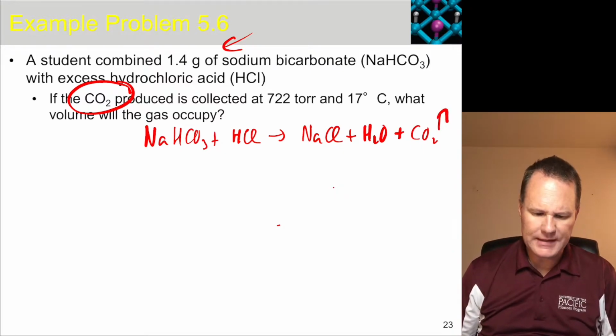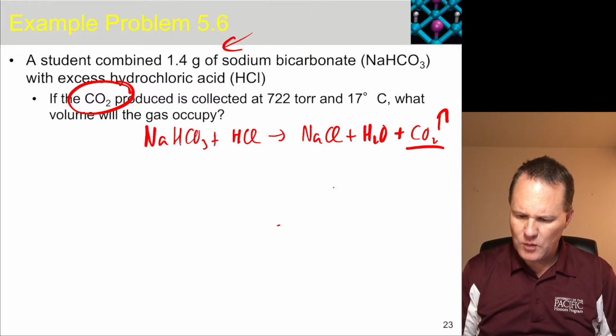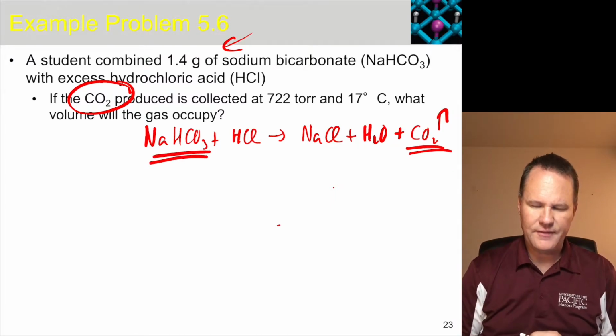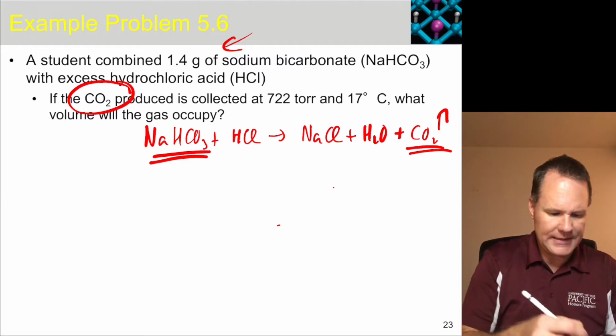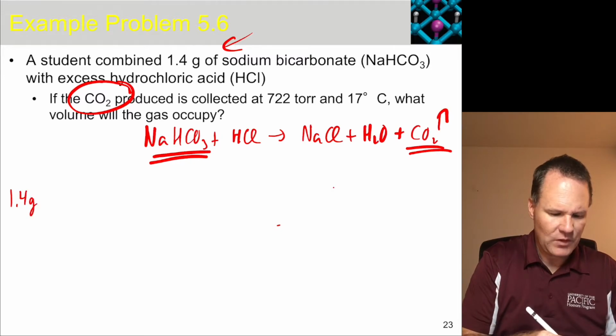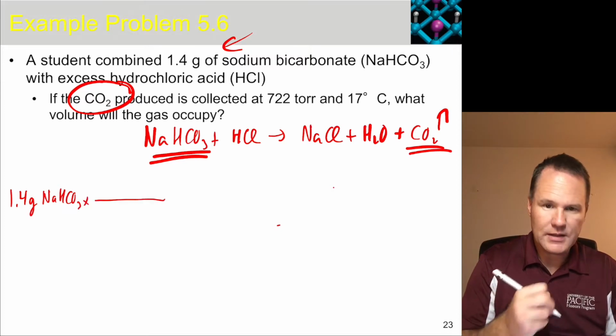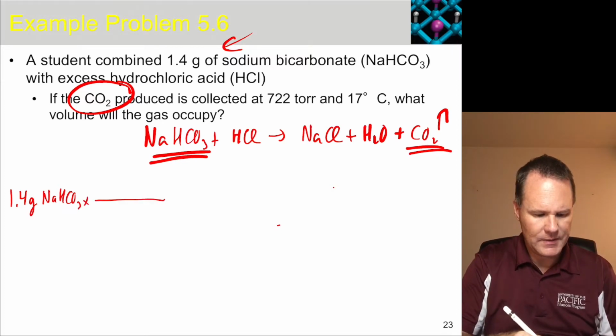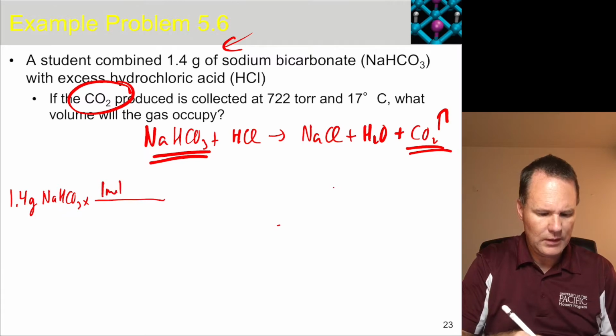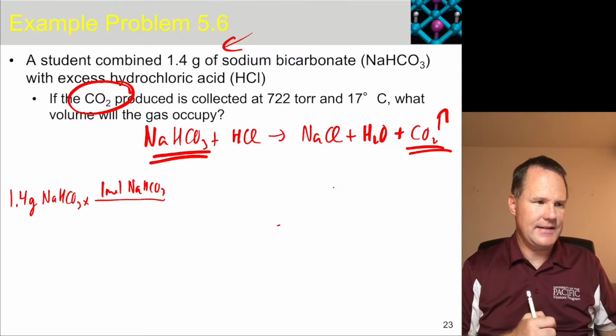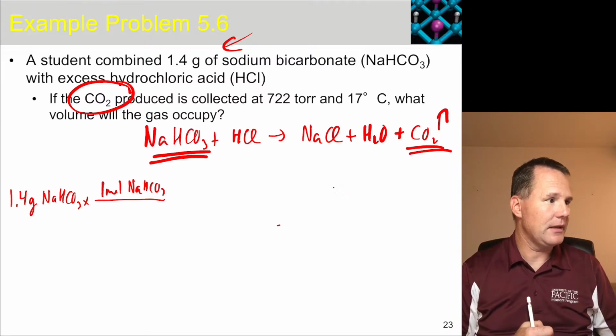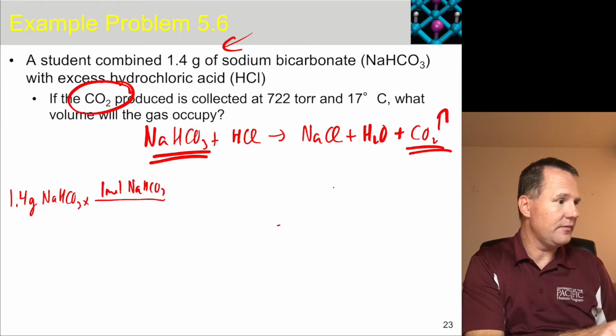Okay, so what we want is the number of moles of CO2 from the number of moles of sodium bicarbonate, and luckily the ratio is 1:1, so that part is going to be easy. So let's start out with 1.4 grams of sodium bicarbonate, and then I want moles of sodium bicarbonate. So 1 mole of sodium bicarbonate is, and this is where I need a periodic table, but luckily I have one in front of me.